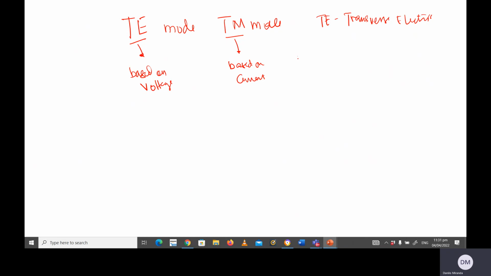And TM is transverse magnetic. Ayan. And transverse is perpendicular. If you're going to define transverse is perpendicular. Okay.